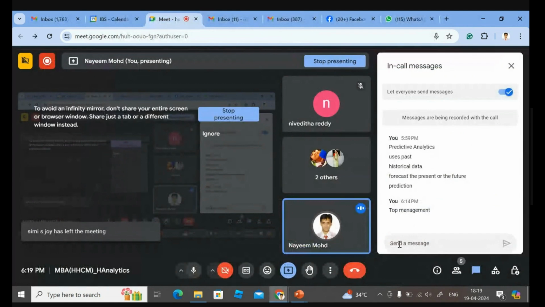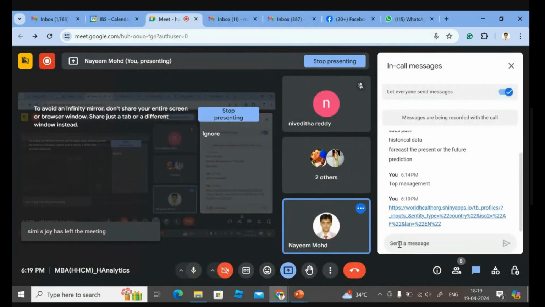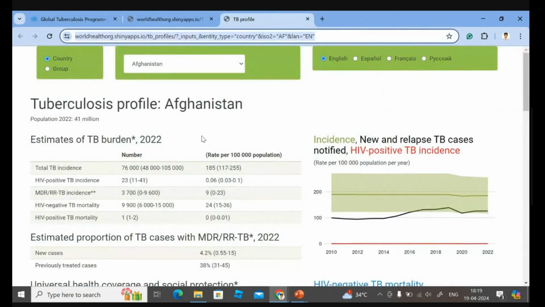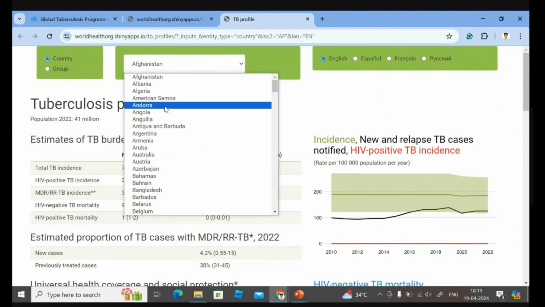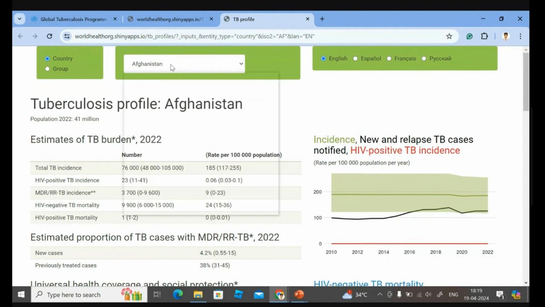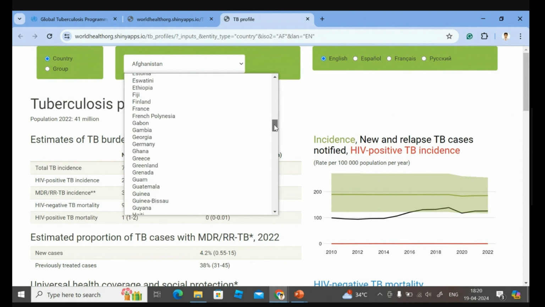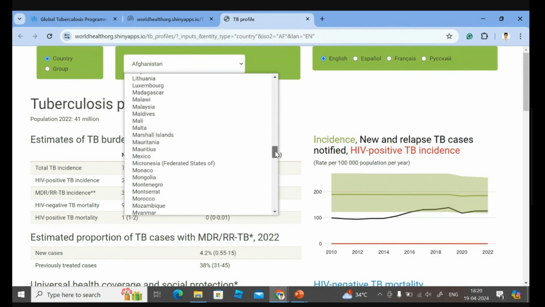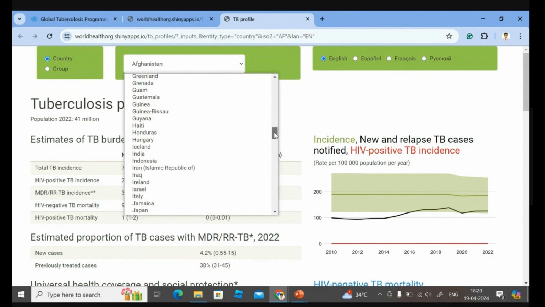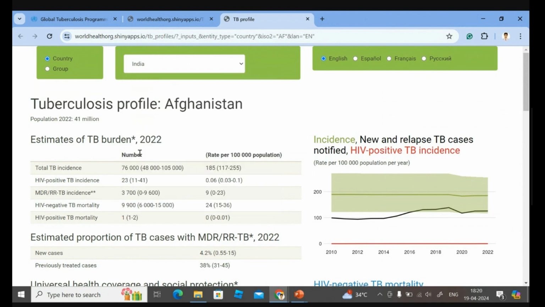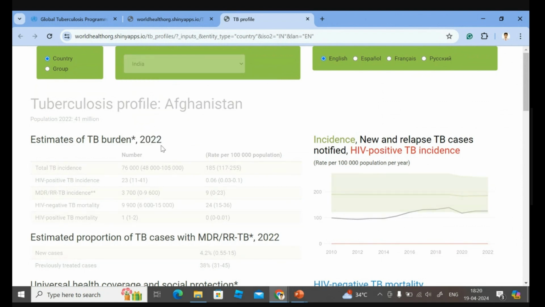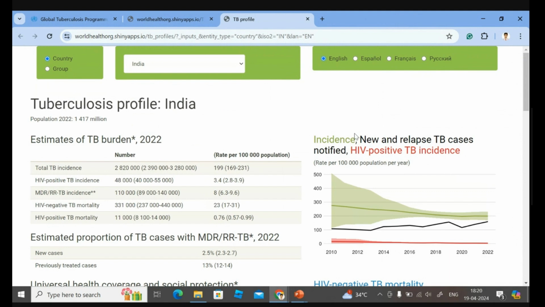Let's put that link here, and you can even see it. If it is not visible on your phones, then you can look at it. We'll go to India. Yes, India is here. There you are. This is the one.